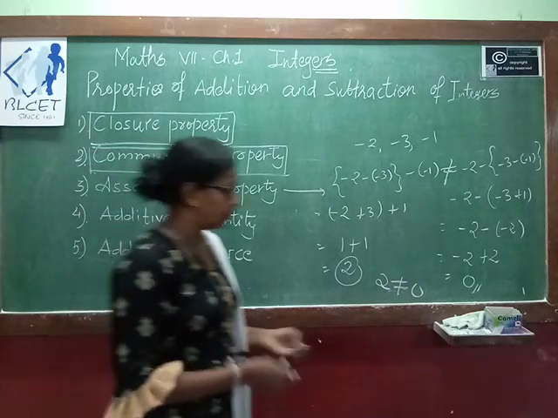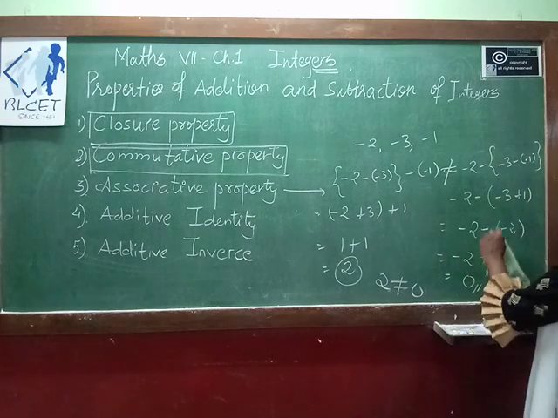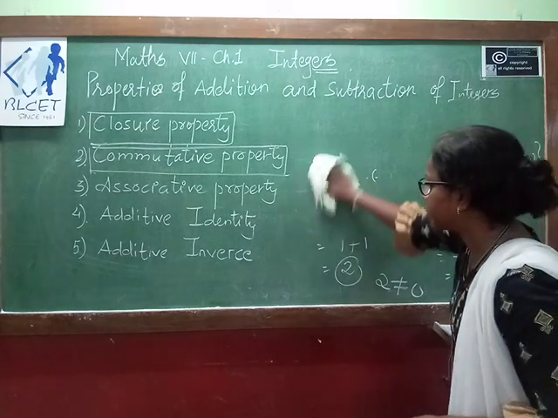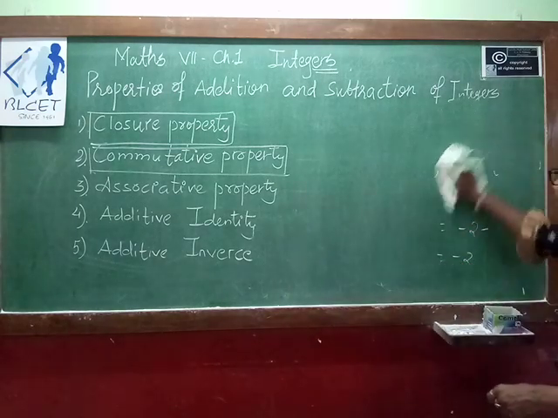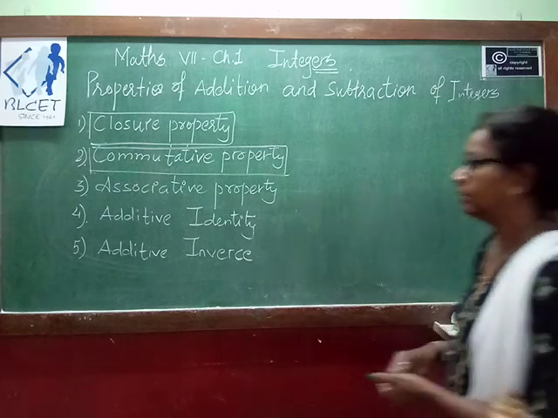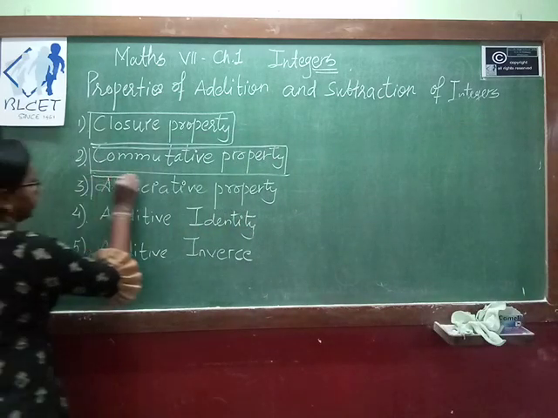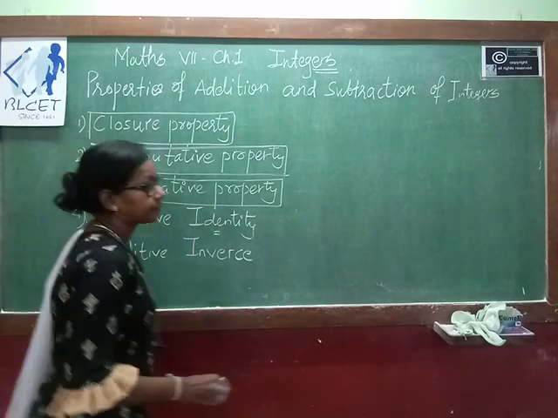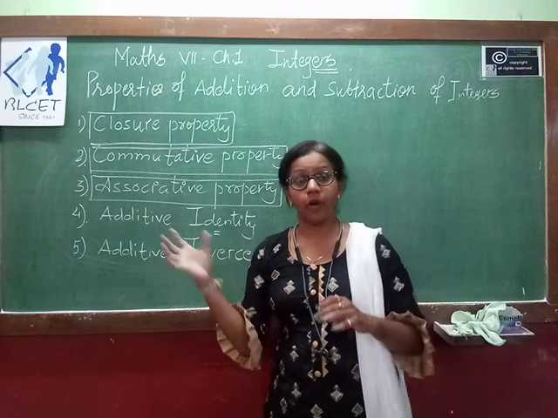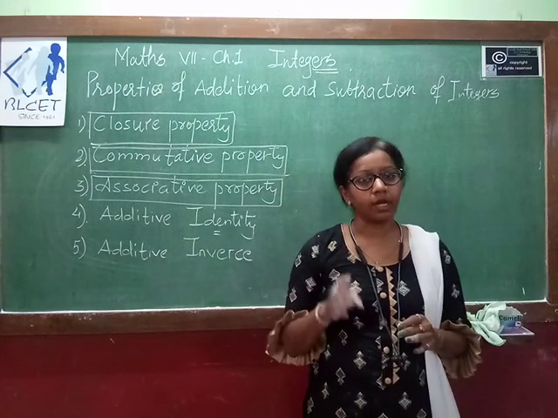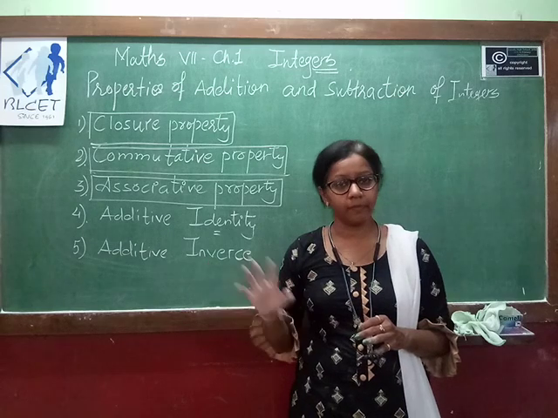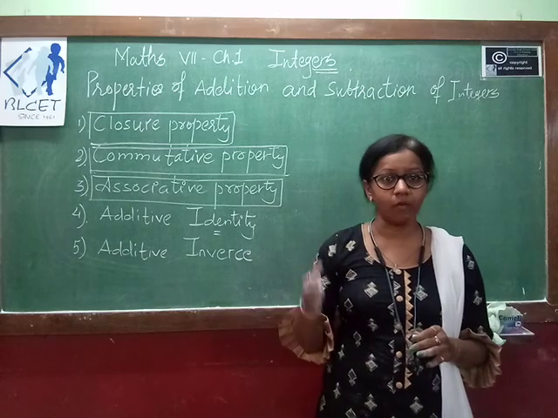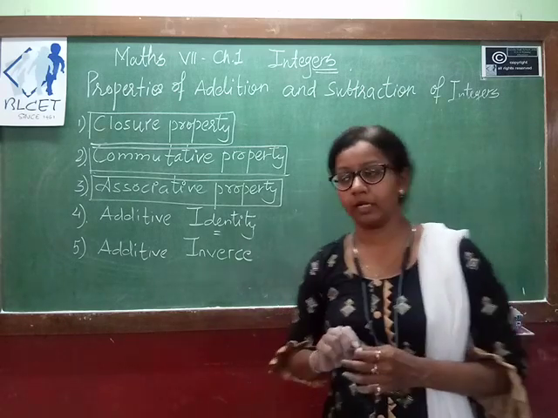Okay? So this is all about your main three properties, that is the closure property, commutative property and associative property. Now understand the next: additive identity and additive inverse. Identity means what? First understand this word. Identity means if you add something to any number or subtract something from any number, that number remains the same. There is no change in the value of that particular number.